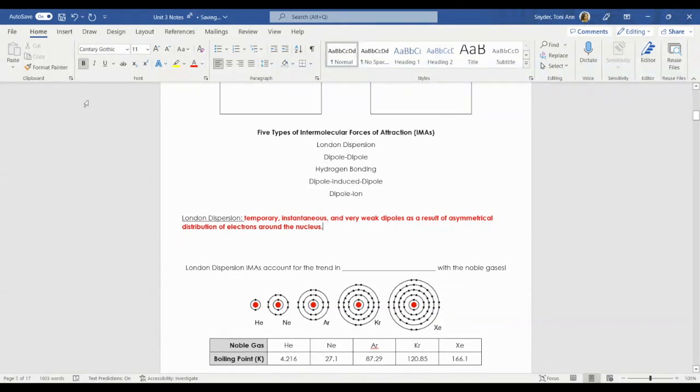So this occurs within all atoms or molecules. Notice I did say the word atoms there.